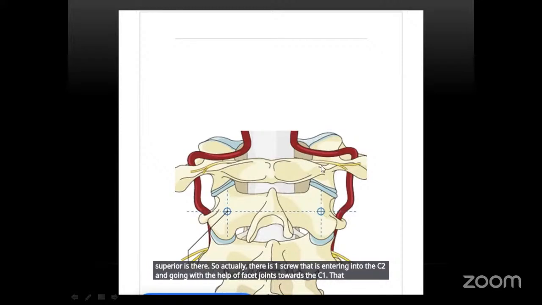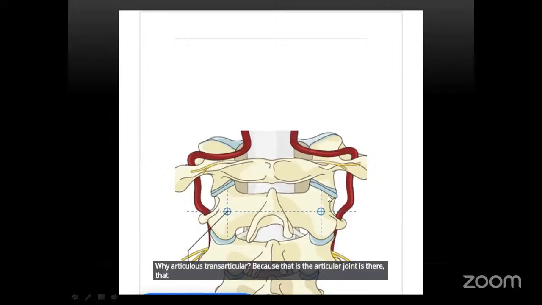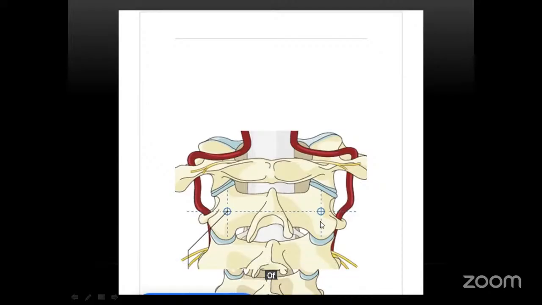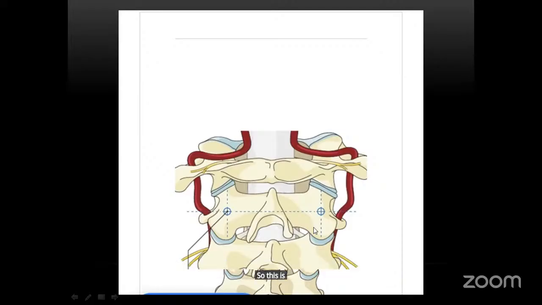That is called transarticular. Why transarticular? Because it passes through the articular joint, the superior articular facet and inferior articular facet of C1 and C2, causing fusion or fixation, but there are no rods. So this is called the transarticular process.